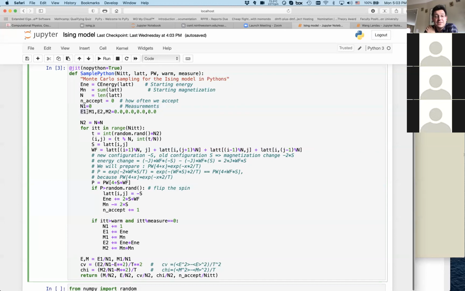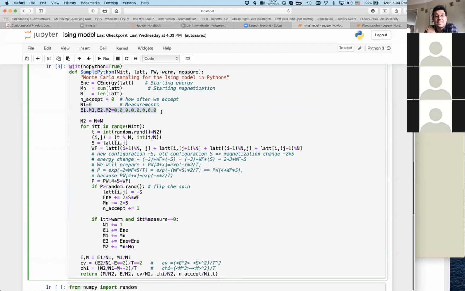Now E1 is going to be the average energy, M1 the average magnetization, E2 the square of the average energy, and M2 the square of the average magnetization. Clearly this N2 is N square, and then this loop is the entire simulation loop. So what do we do at each step? The first two lines select randomly a lattice site which has index i and j.